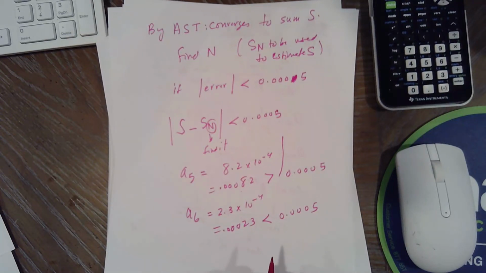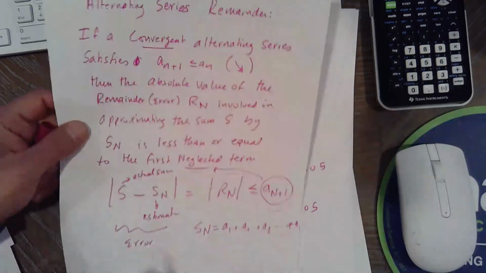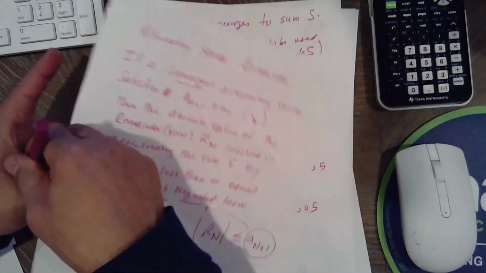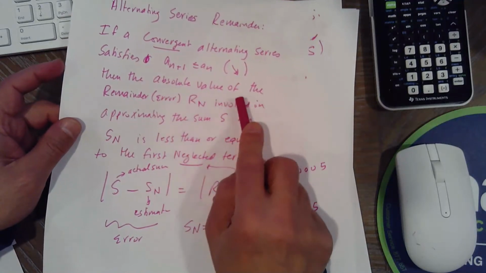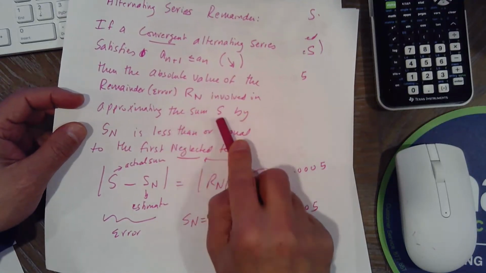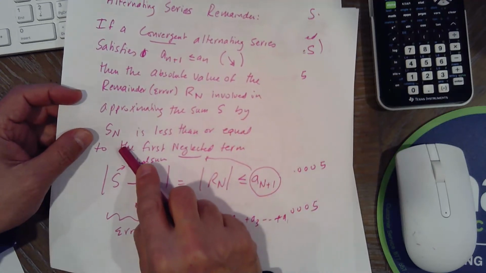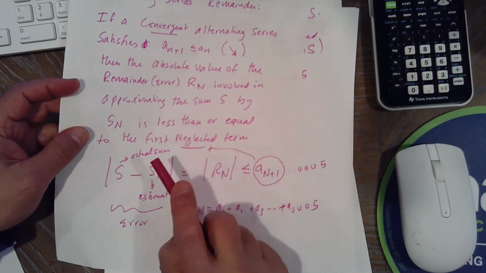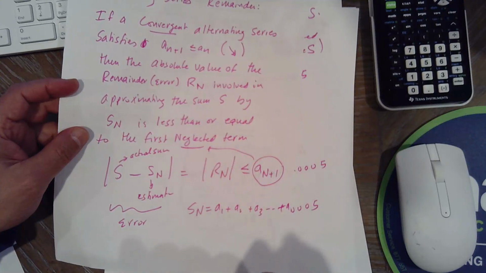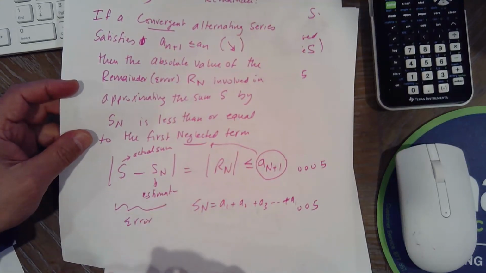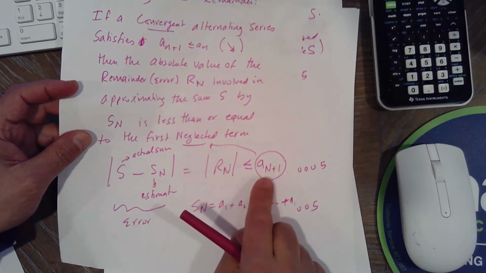Okay, so that tells me, let's read this to understand what we're going to do. For a convergent alternating series with decreasing terms, the absolute value of the remainder involved in approximating the sum s by Sn is less than or equal to the first neglected term. So that difference should be less than or equal to the first neglected term, an plus 1.